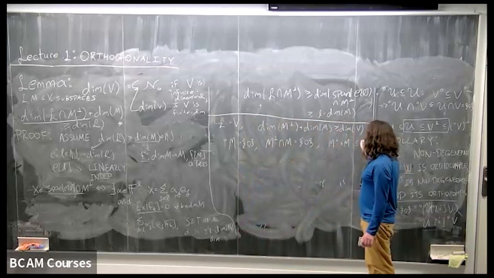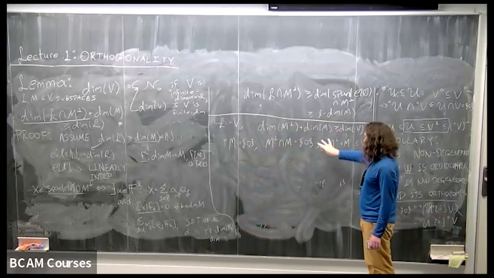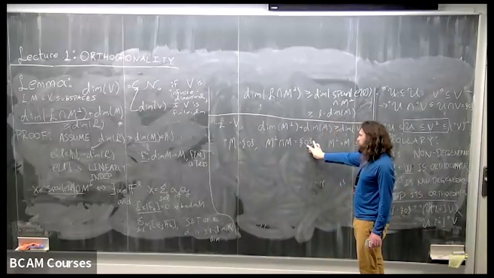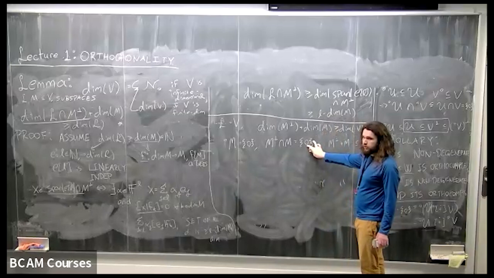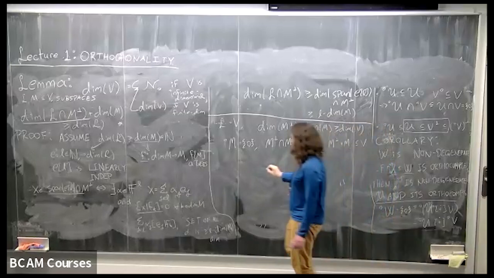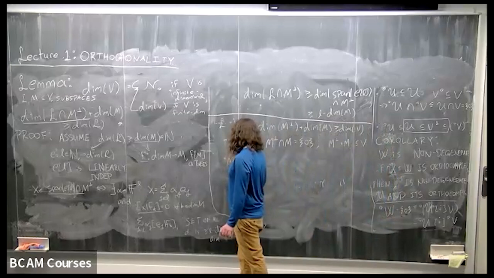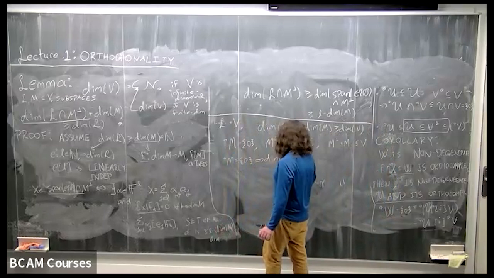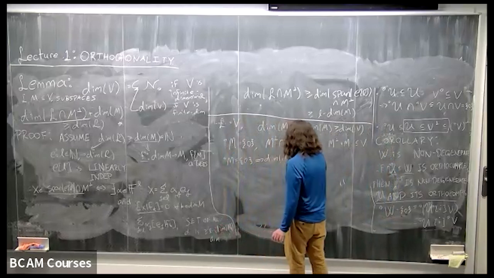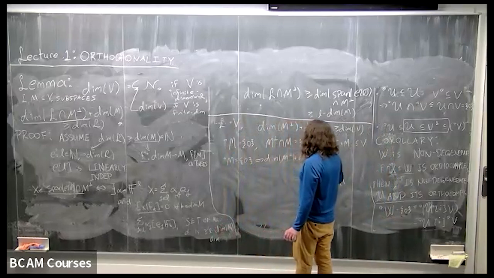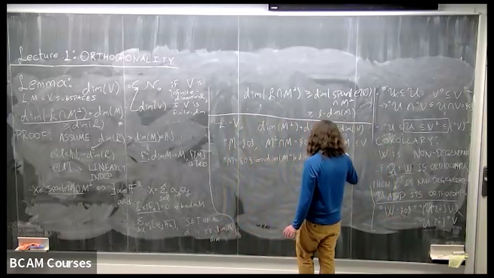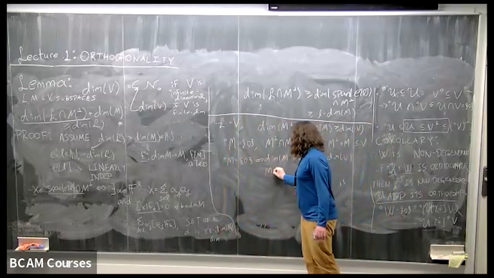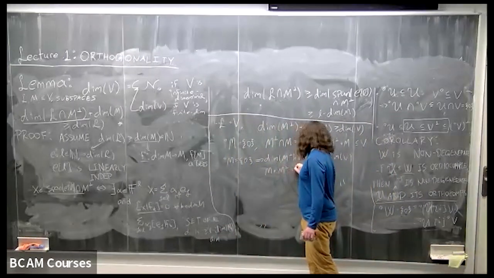So this is contained in V. And the dimension of this would be the sum of the dimensions of the constituents, specifically because of this linear independence constraint. So what that means is that if M is non-degenerate, well, first of all, we have the dimension of M perp plus the dimension of M equals the dimension of V. And then perhaps more strikingly, we have M plus M perp equals V.